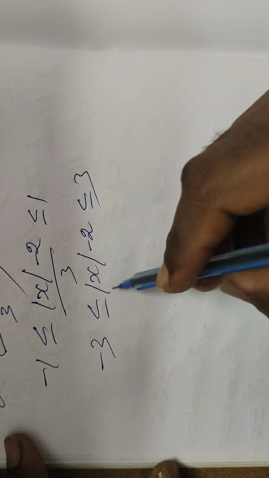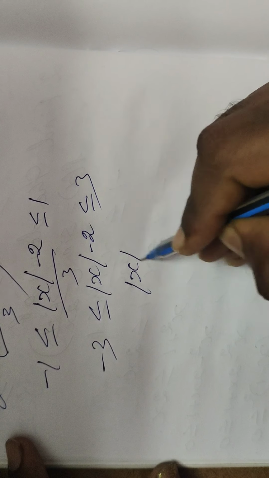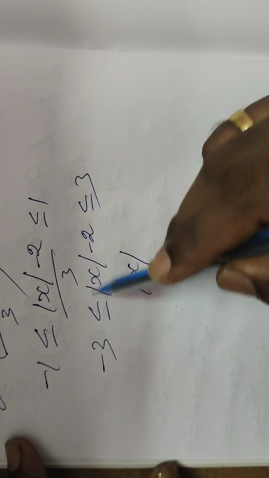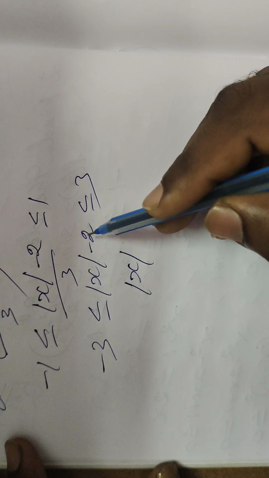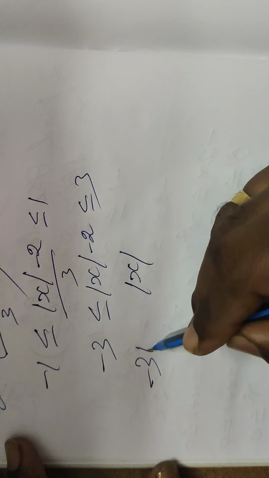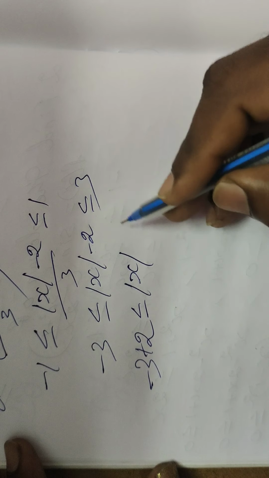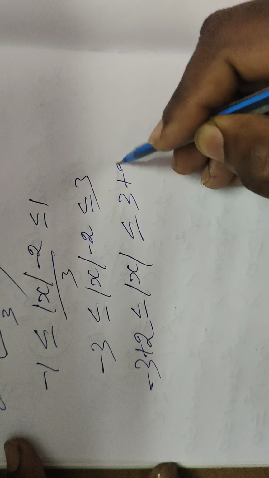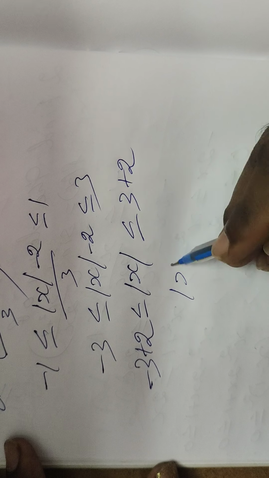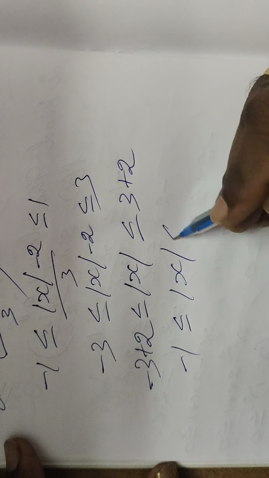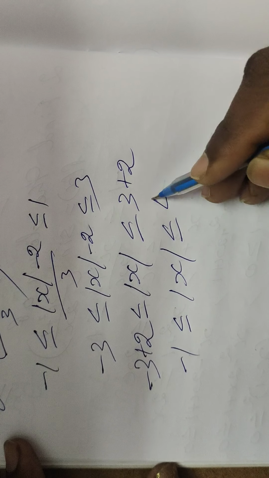Next step, modulus of x minus 2, you have to add plus 2 on each term, so it will cancel. Minus 3 plus 2 less than or equal to modulus of x minus 2 plus 2 less than or equal to 3 plus 2. Now modulus of x is between minus 3 plus 2, which is minus 1, and 5.